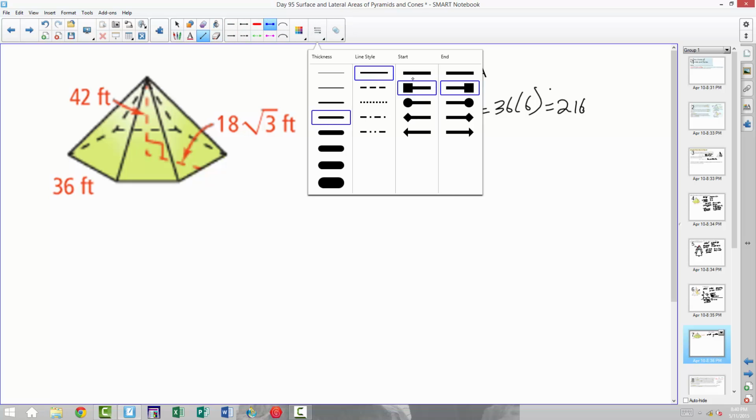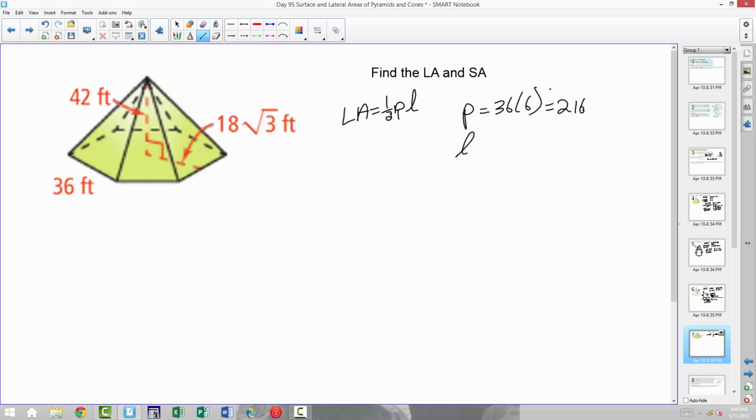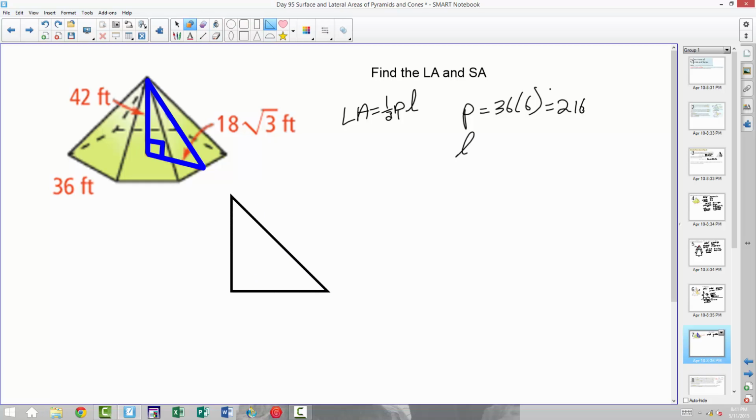So if I take my blue line and highlight that I need to find this right triangle, okay? So if I highlight this right triangle, seems my pen is giving me some problems here. So if I label A, B, C, so here's A, B, C, okay?